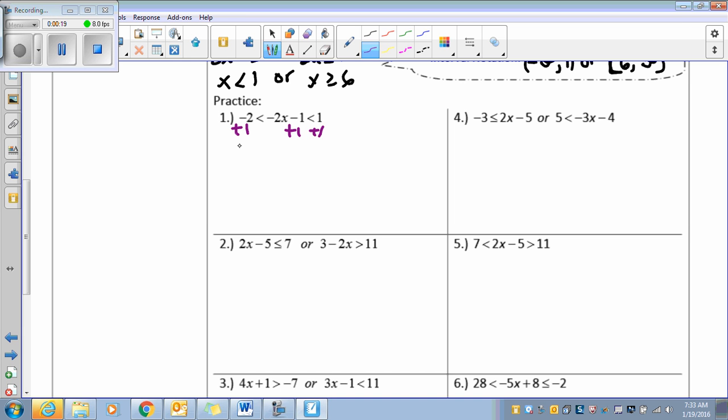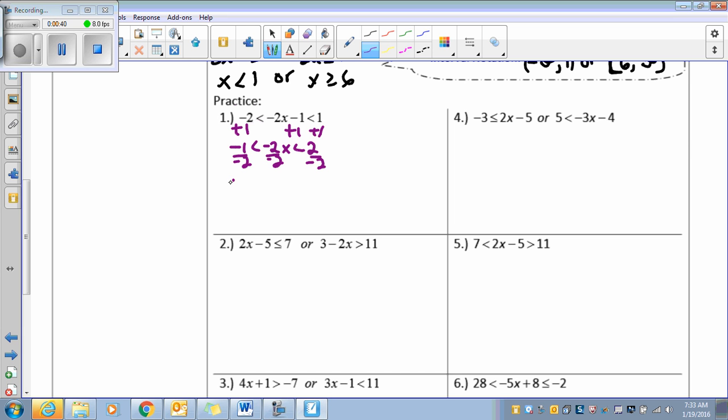And we'd be left with -1 is less than -2x, which is less than 2. We can divide by -2 to both sides. Because we're dividing by a negative, the inequality symbol is going to have to flip on both sides.